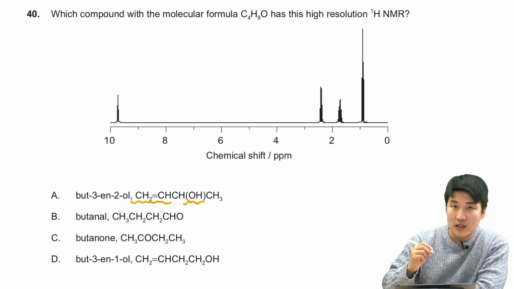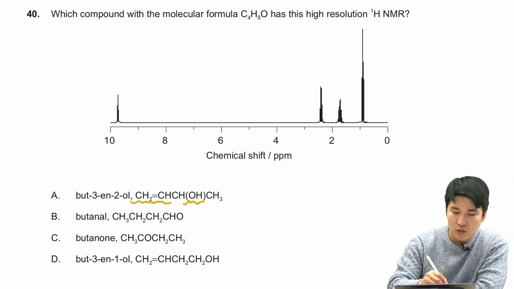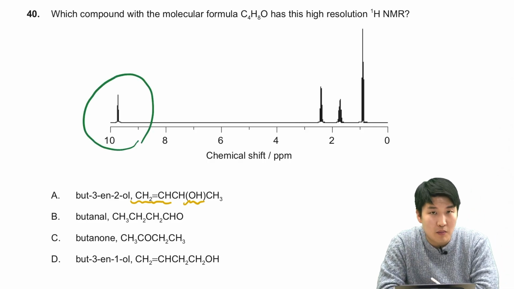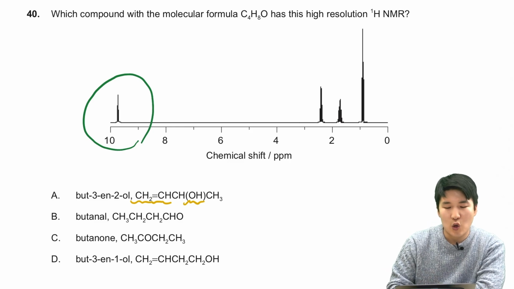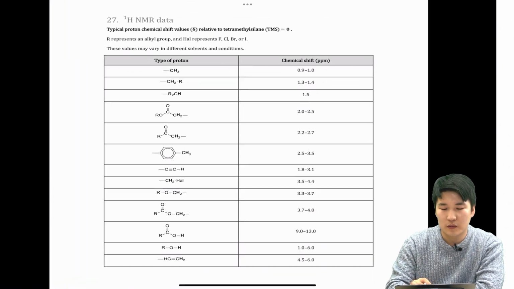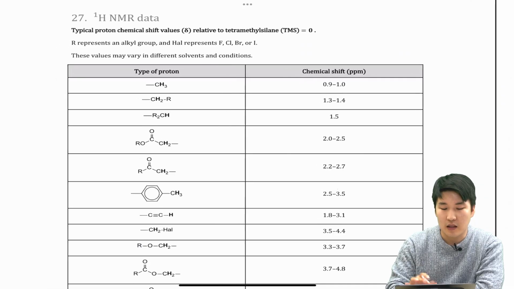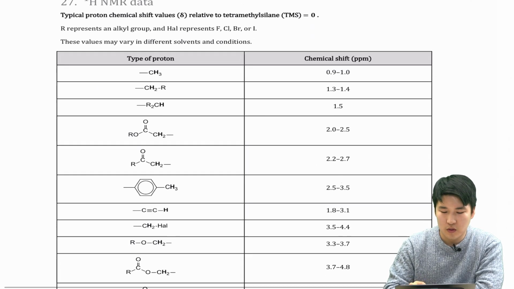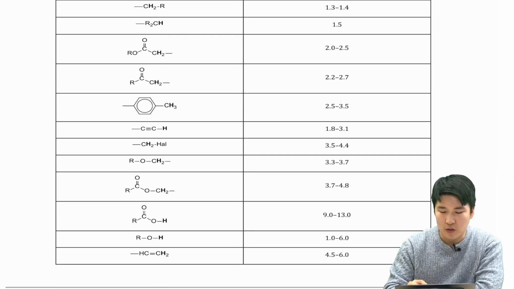Our job is to see if one of these two will correspond to the peak near chemical shift 10 ppm. So let us go to the data booklet and see if a double bond or a hydroxyl group would have a similar value.